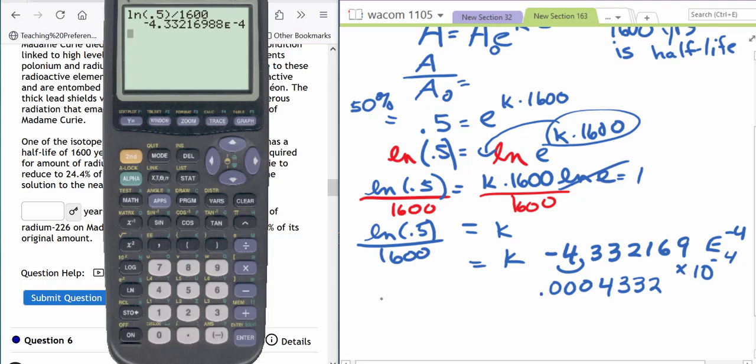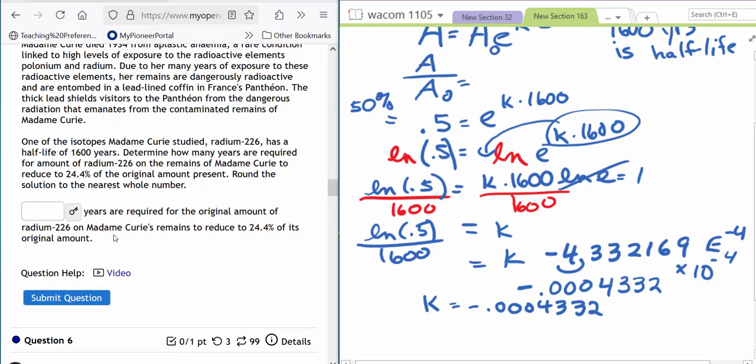All right, so that's what we're going to use, and it's negative. A decay value would always be negative. So our K, which we'll use in the problem, so this is step 1, is negative 0.00043332. Step 1. All right. And now they're telling us that we want to determine how many years.